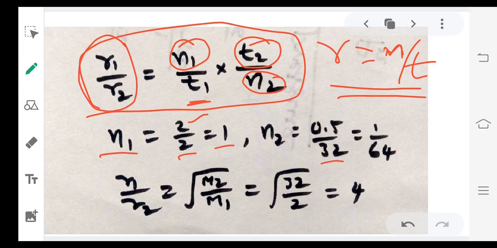To calculate R1 by R2, we have the formula root of M2 by M1. M2 is the molecular weight of oxygen, 32, and M1 is the molecular weight of hydrogen, that is 2. So exactly root 16 equals 4. If you substitute all these values in this formula, you will get the t1 value.